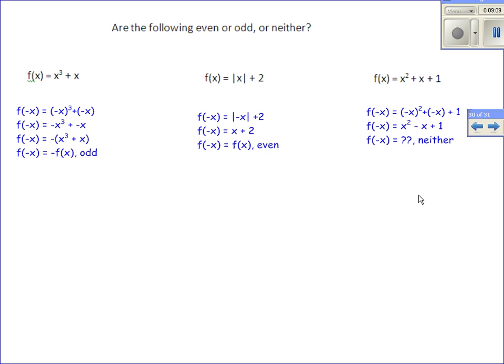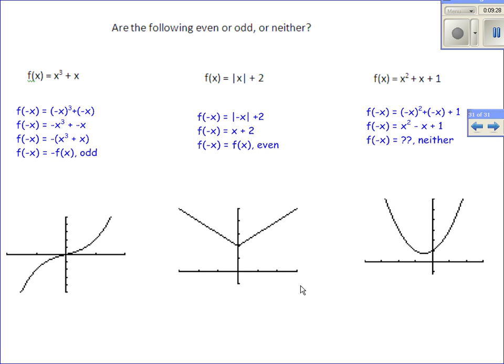In this example here, replacing the x's with negative x, the negative x squared is positive x squared, negative x is negative x, and this does not equal the original function, nor is it the opposite of the original function, so this, like most functions, is neither even nor odd. And then let's take a quick look at their graphs. The odd function has that symmetry to the origin, the even function is symmetric across the y-axis, and the neither function just doesn't have any symmetry.